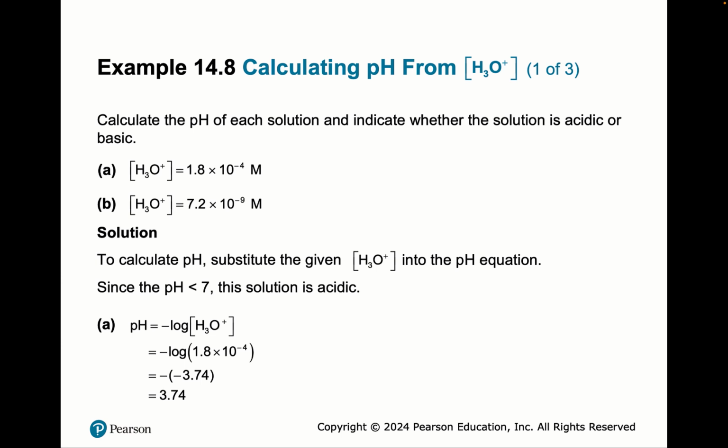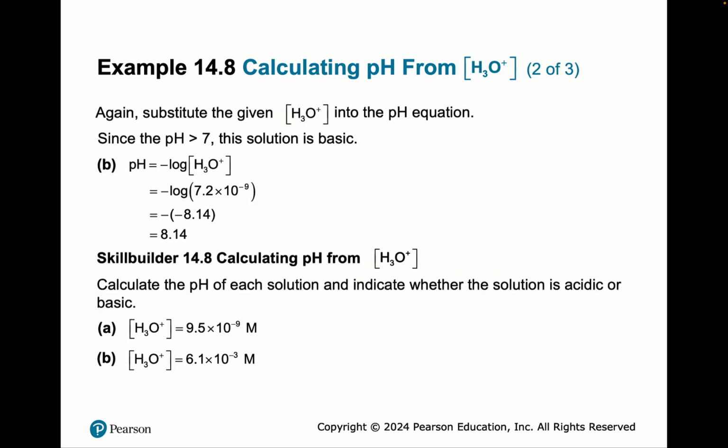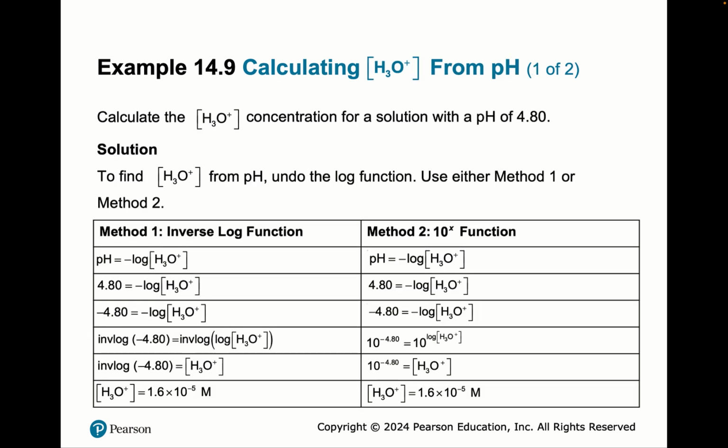So 3.74 pH actually has 2 sig figs. Please keep that in mind. And same thing, A is an acid. So B, same thing, minus log that, and you get 8.14 for 2 sig figs. And this is greater than 7, therefore it's a basic or alkaline solution.